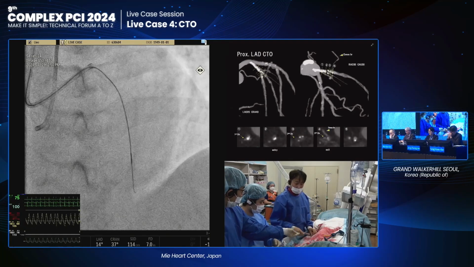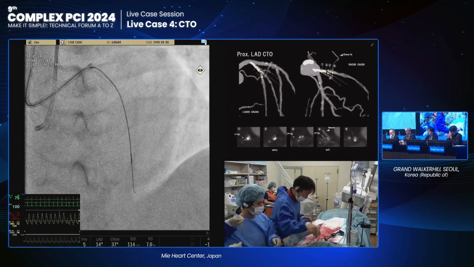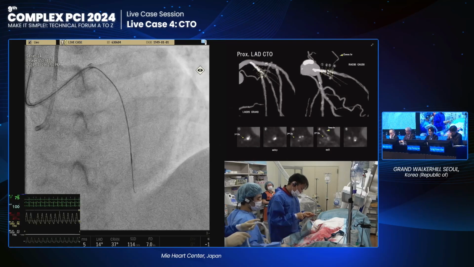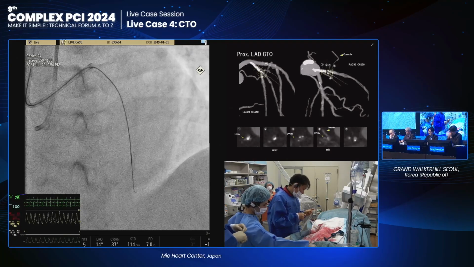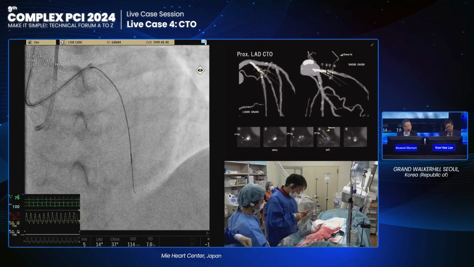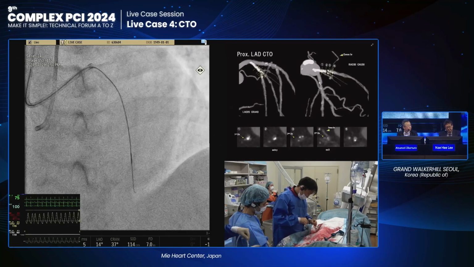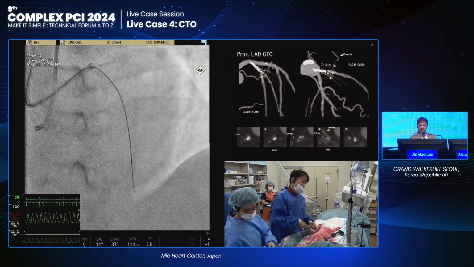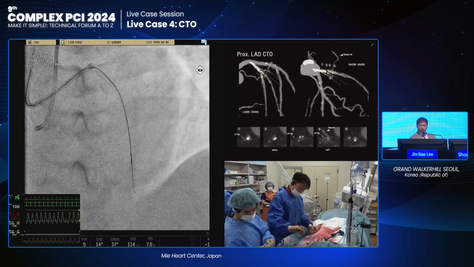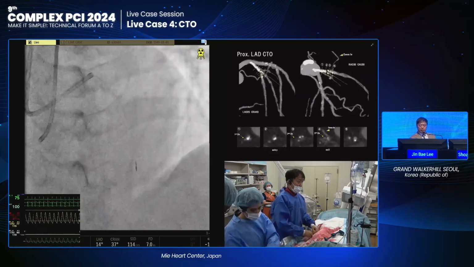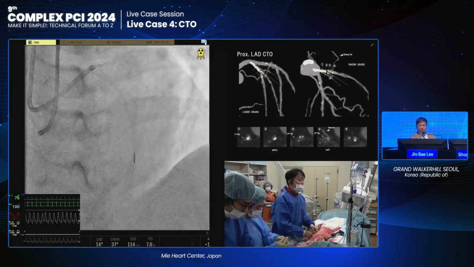Is this Terumo IVUS or another company? Yes, I'm using the Terumo. Terumo IVUS has a relatively low profile. Sometimes if we dilate using only a 1 millimeter balloon, other companies' IVUS cannot cross the region.